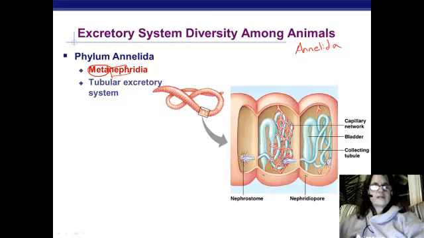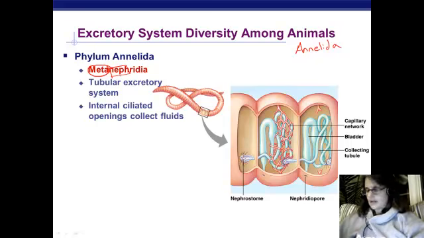What we have here is another tubular system, and we've still got the cilia, the little ciliated openings. Right here is where you're seeing that, and they're going to be beating and collecting fluid, and that fluid will pass. Notice how this is arranged. Here's a segment, here's a segment, here's a segment, and the opening of this tube is actually in the segment in front of it that beats, draws the fluid out into this long, look what's happened to the tube.